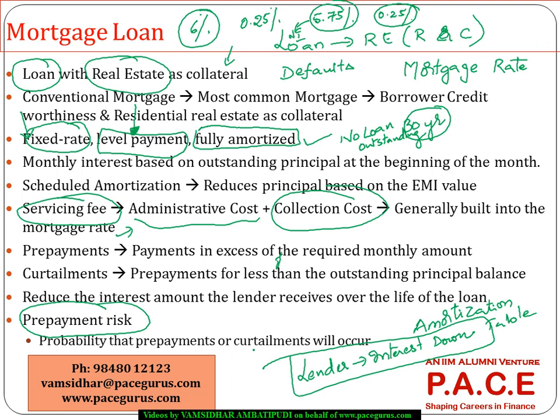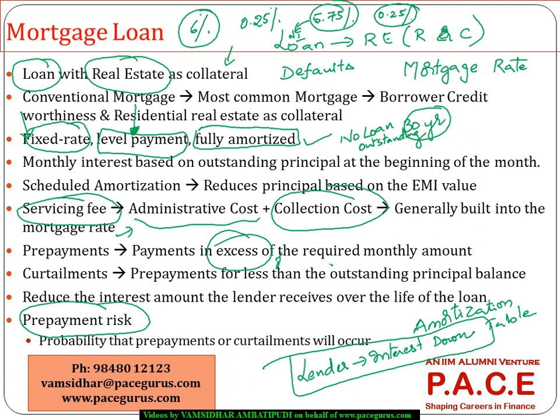So in this session, we'll try to cover a lot of aspects associated with prepayment and how we address the various aspects of prepayment risk that could exist. Any excess over the necessary monthly amount is what we call prepayment.